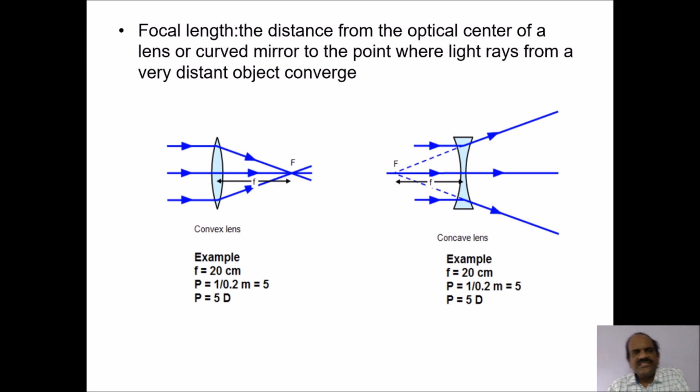It is the reciprocal of the focal length. Here we have converted the focal length into meters. The reciprocal of this focal length comes as 1 divided by 0.2 meters, which means the power of the lens becomes 5 diopters. Similarly, in this case also, the power of the lens is 5 diopters.